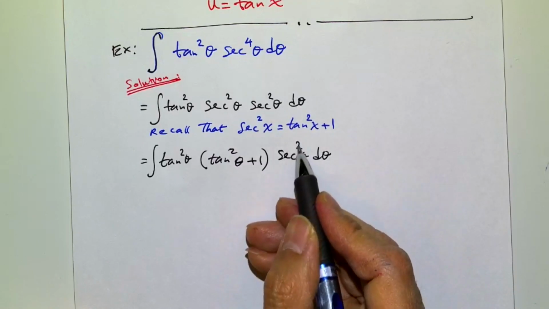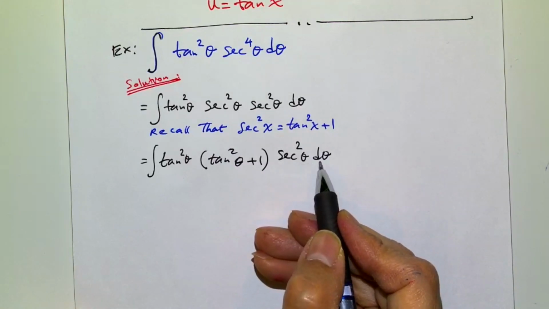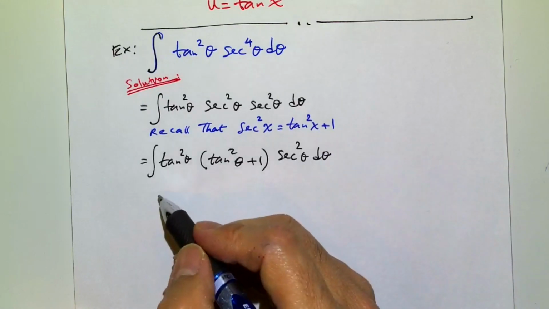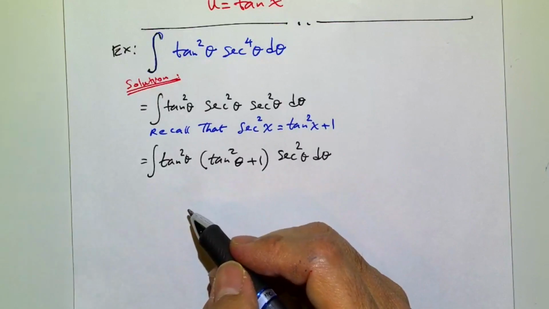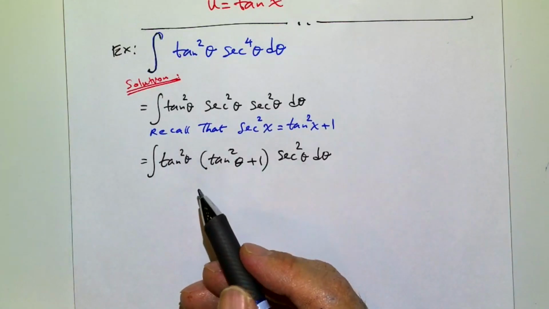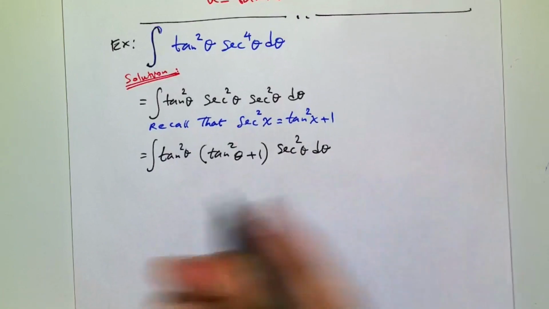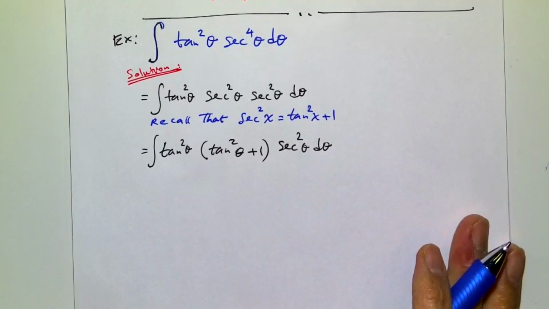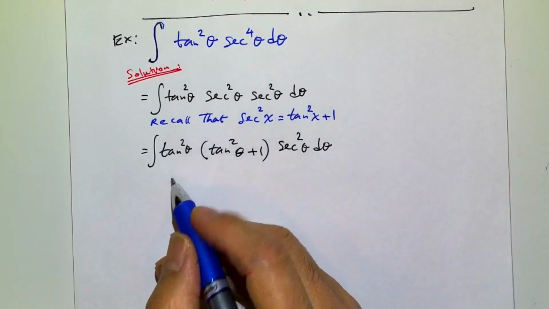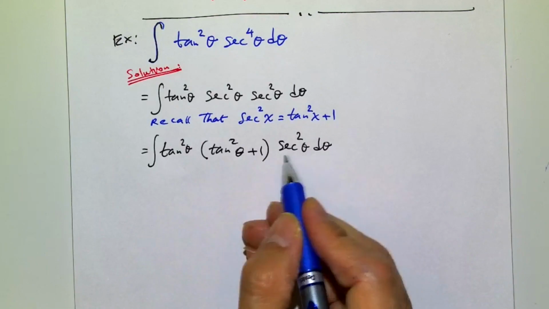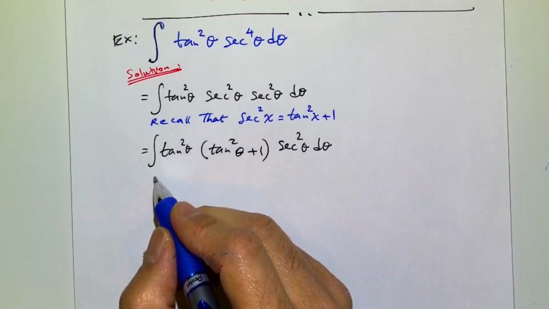We're keeping this secant squared theta d theta for when we pick our new variable u and take the derivative of that, and you'll see why. It has a very good purpose, and I'm sure by now you're getting a hang of why we're keeping this piece until this point.